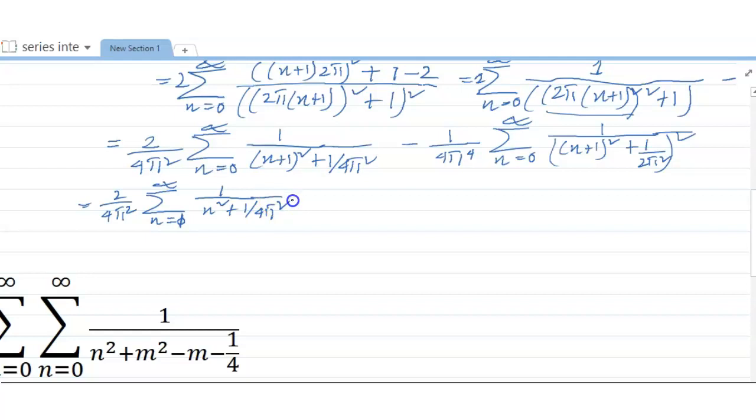It can be written as n plus 1, as n equals 0, so n equals 1 to infinity, and minus 1 by (4 pi) to the power 4 summation n equals 1 to infinity of 1 by (n square plus 1 by (2 pi) square) whole square.